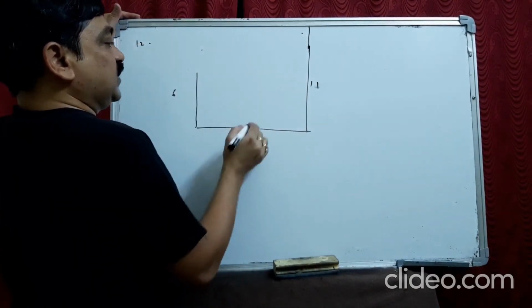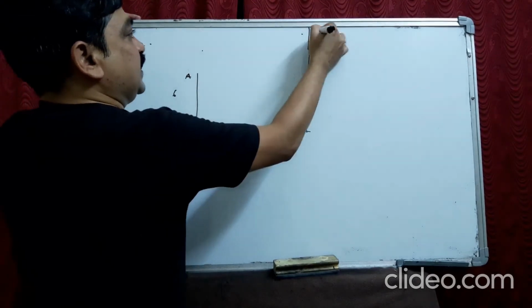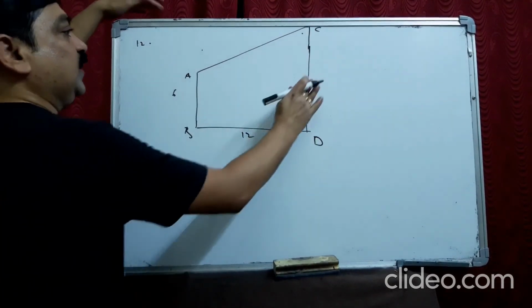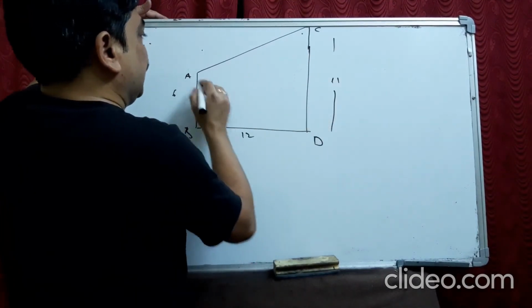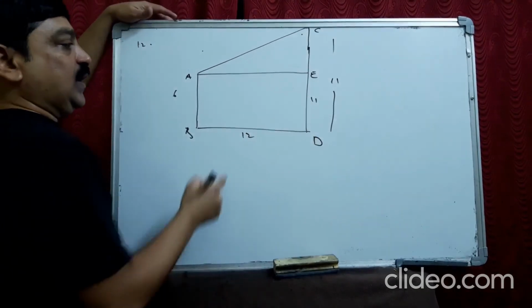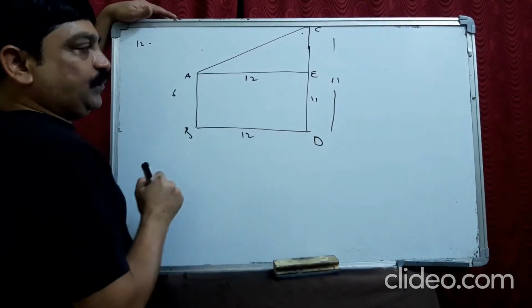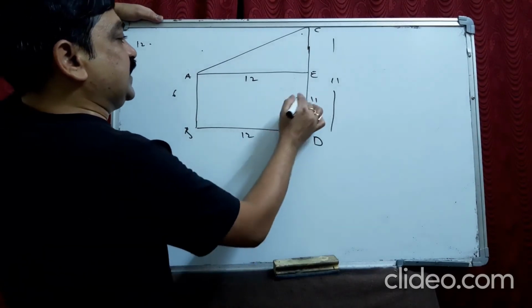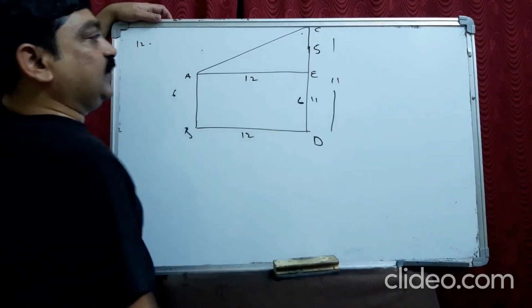So what I do is, you take AB, you take CD. We need AC. So before that, the whole thing is 11 here. You just draw a horizontal so that it becomes 11. Make it at E. If this is 12, this will be 12. And if this is 6, this will be 11 minus 6, which is 5.